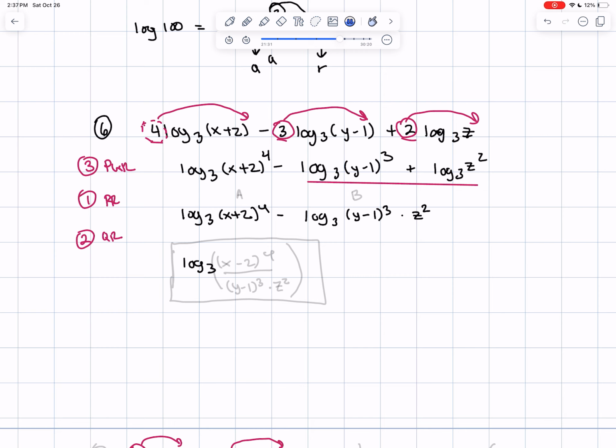So this is my A, and this is my B. And we notice we're kind of going back to the previous example we did in number 4. So this is our answer.